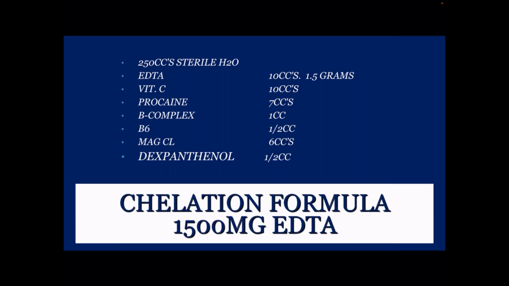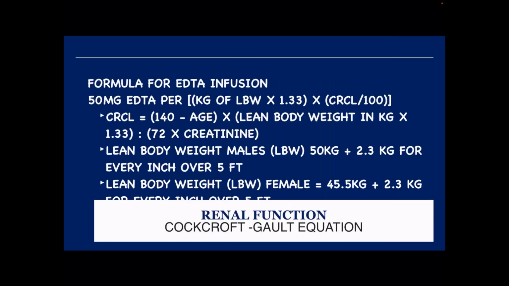A, you do not have to worry about tetany for the most part, and B, what sense would it make putting calcium in when you're trying to take it out? Yeah, I would imagine everyone got that. Dexpanthenol, a half a cc, typically comes 250 milligrams per cc. So you're giving 125 milligrams. This is the formula that you use once a week. I'll tell you how to do this in a minute.